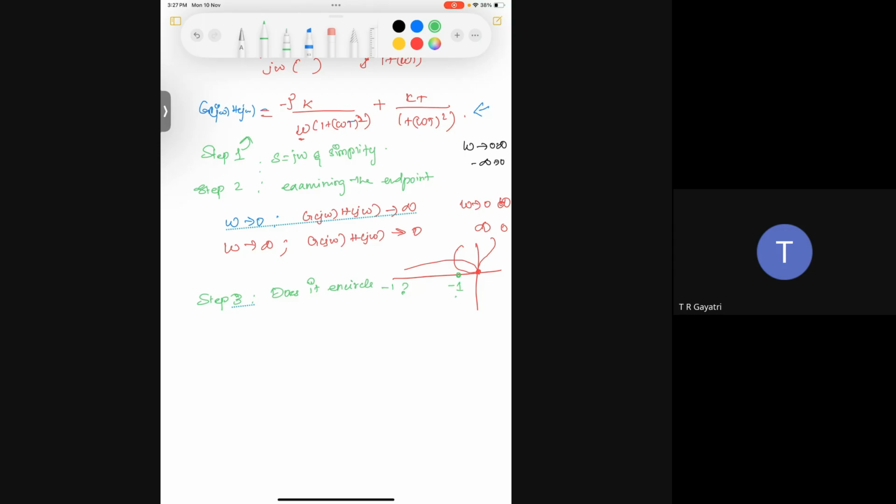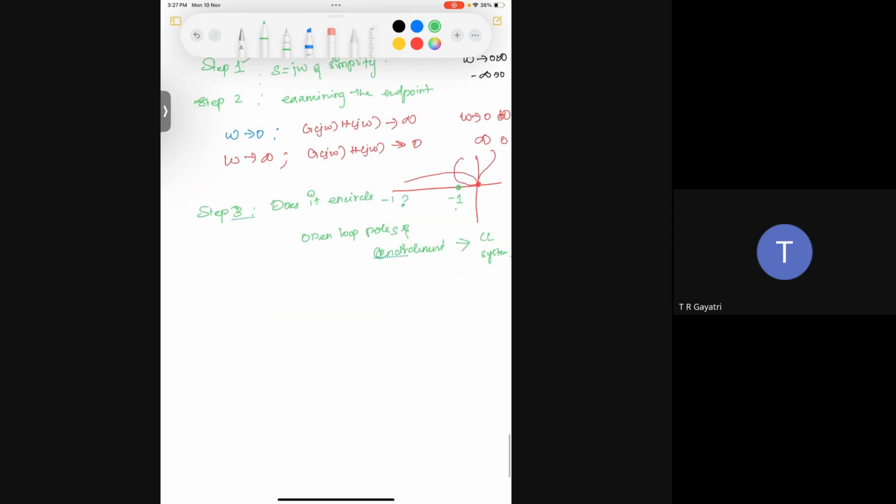Based on this encirclement and the location of open loop zeros and open loop poles, you would be able to say whether the closed loop system will be stable or unstable, right? So that's how the whole Nyquist plot works.